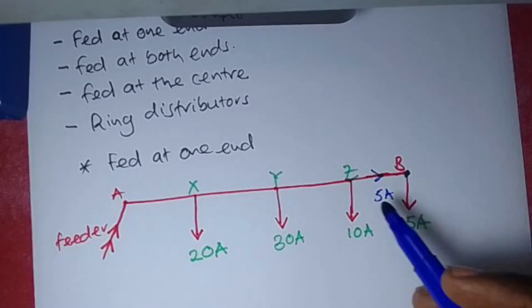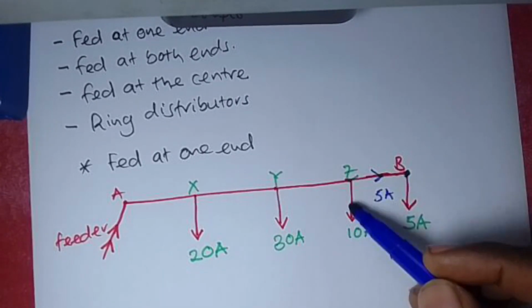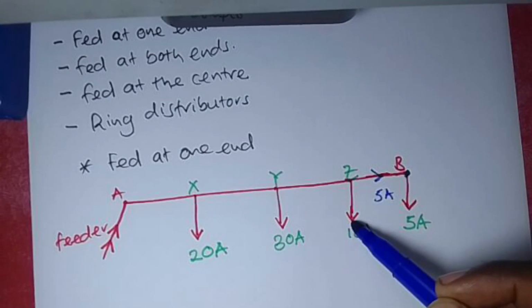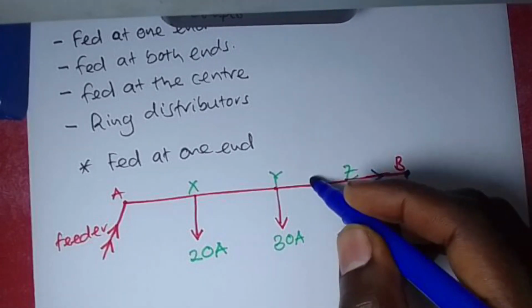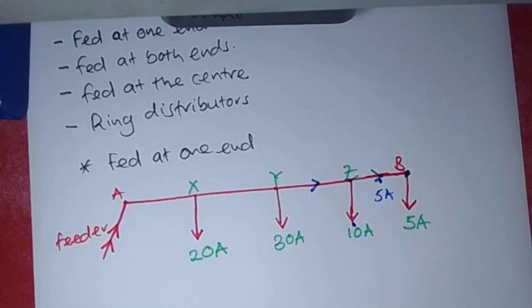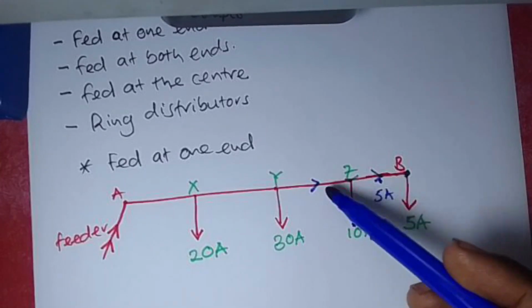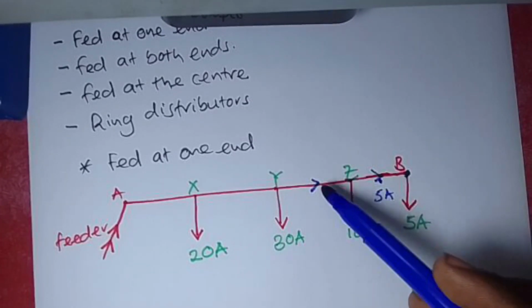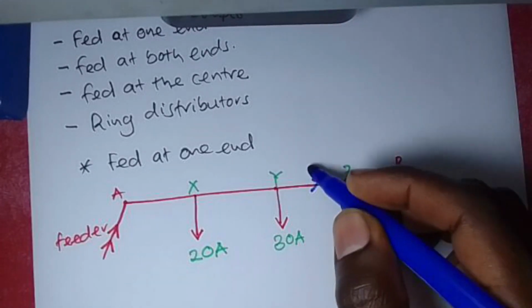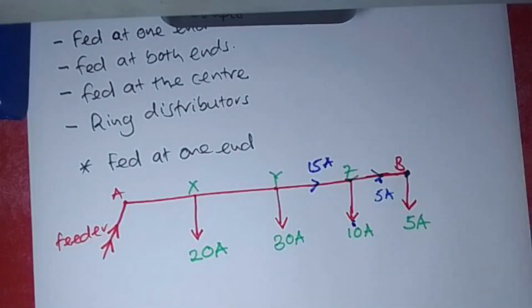Now at this point, we have 10 amps flowing, and this 5 amps also flowing towards this side. So this current is going to be equal to this and this. So this will be 10 plus 5 to give us 15 amps.